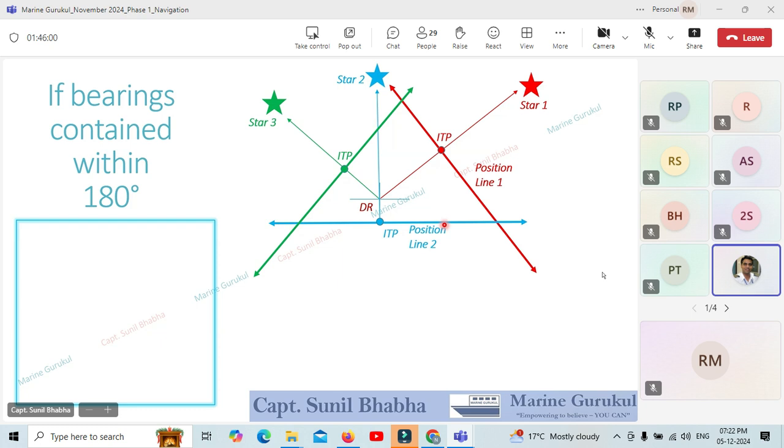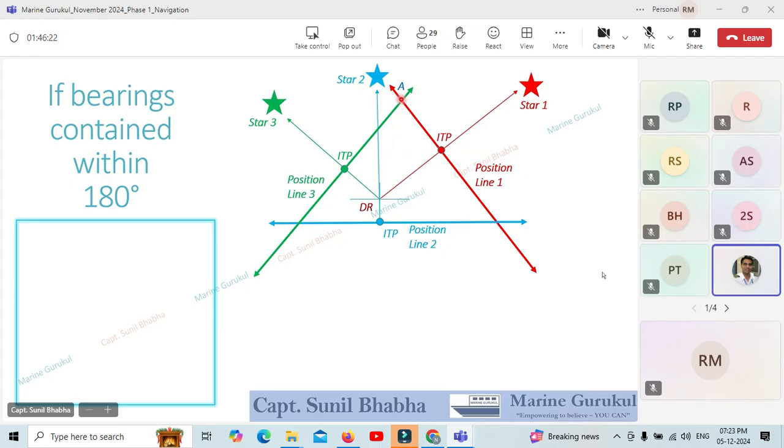Now, once we have identified the middle PL, in our case the blue color PL, you will see that this middle PL is involved in making two angles of the triangle. Let us name the vertices of the triangle.